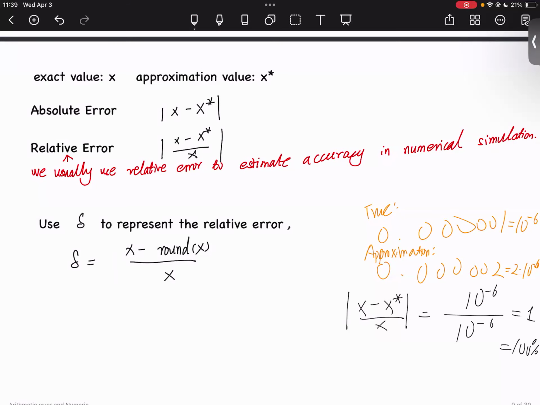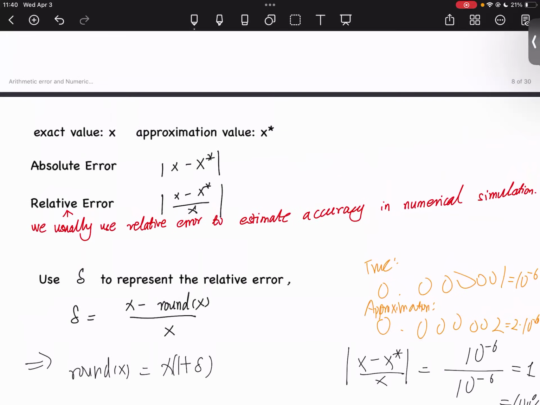But here, if this is the rounding of the x, then from here we can represent the rounding of x equals x times (1 plus delta). And this is one convenient way to represent the rounding of the x with the relative error here. And this is just one way of the representation.